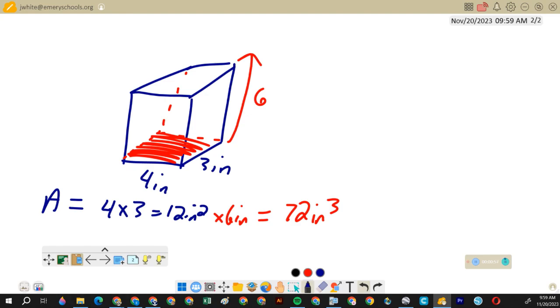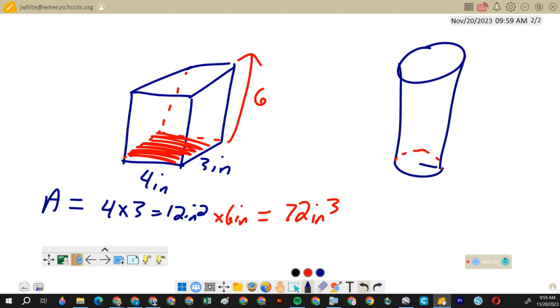So in general, if you have a three-dimensional figure and you can find the area of the base, multiply that area by the height, and it will give you the volume. So if we're dealing with a circular cylinder, and the radius of this is, say, 10 inches, and the height is 30 inches, the area of the base is pi times 10 squared.